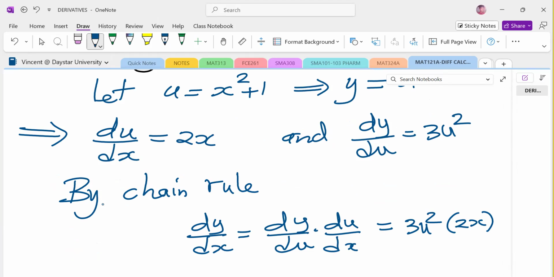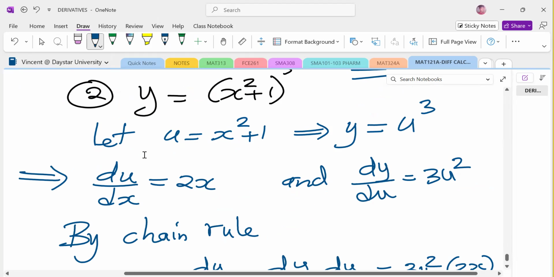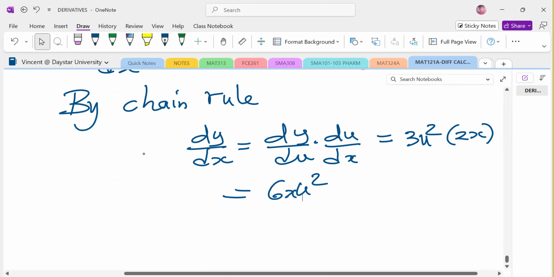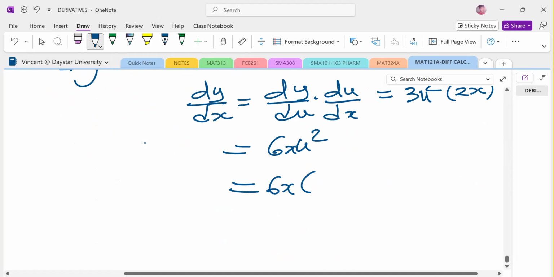Now 3u squared times 2x will give us 6xu squared. But remember, u was our own creation, so replace it with the original expression in x. So this will be now 6x into x squared plus 1 squared. So this will be the final answer.